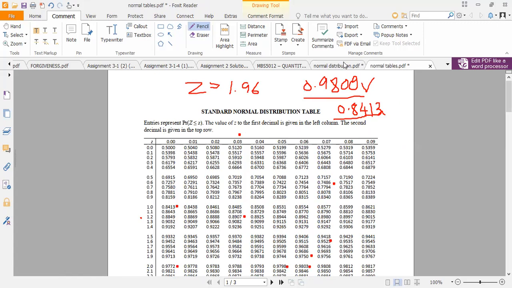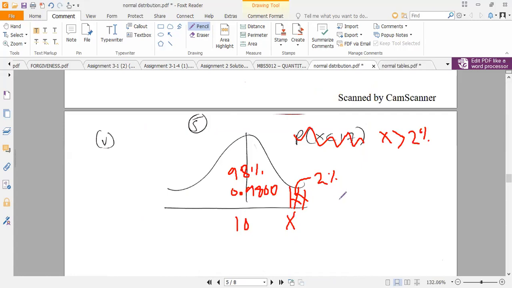So how do we go to the standardization table? We say Z is equal to X minus mean over standard deviation. Our Z, we've just found it, it is 2.05. Our X is what we're looking for.